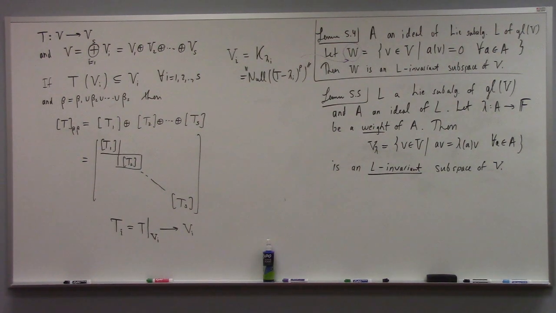What we're getting at here is being able to simultaneously diagonalize the totality of L with the same subset. That's what the idea is.